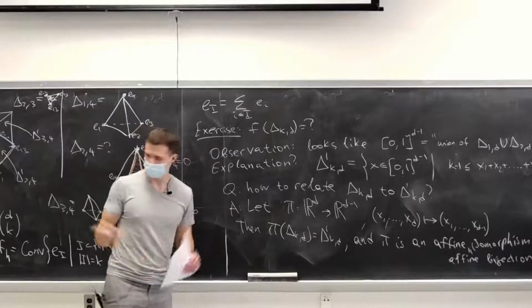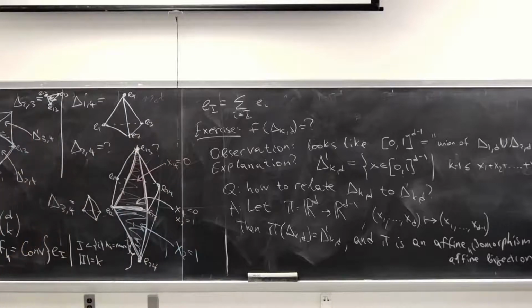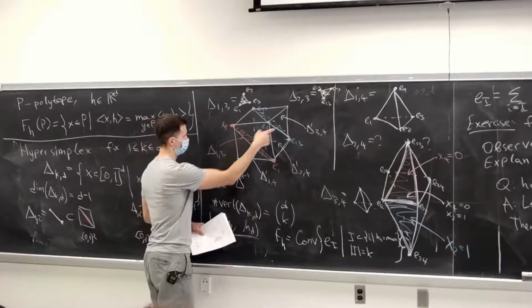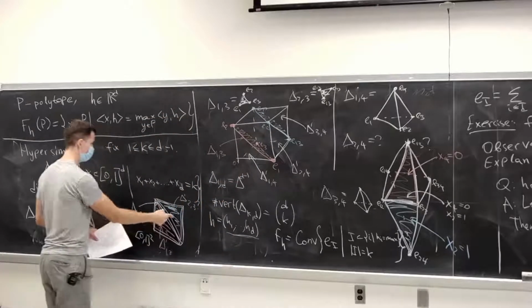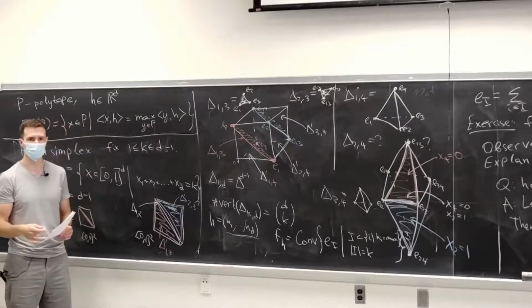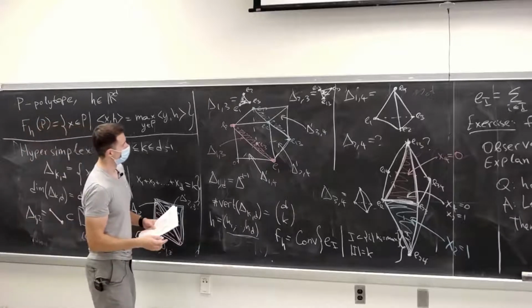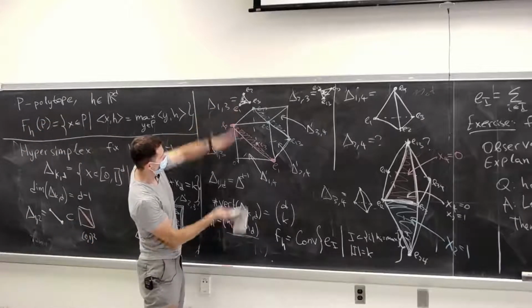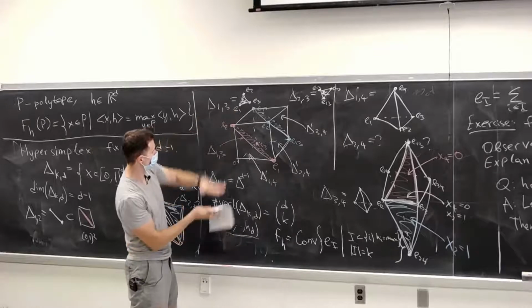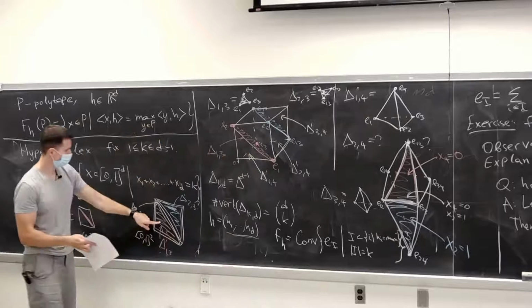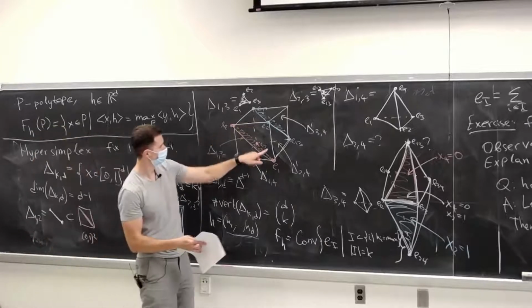So how do I see this in the picture? There should be some projection which sends these two triangles to these two triangles. Oh, okay, nice. So you just take this cube and you push it down like this, and then the red triangle goes here, and the blue triangle goes here.